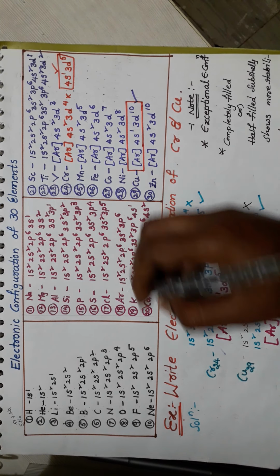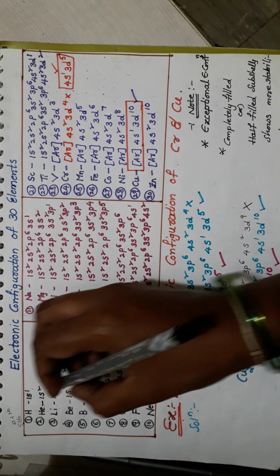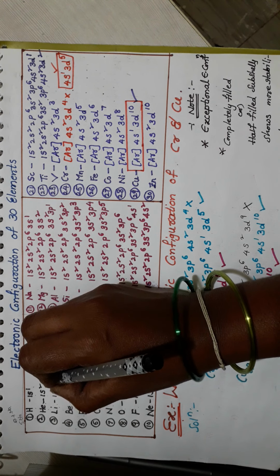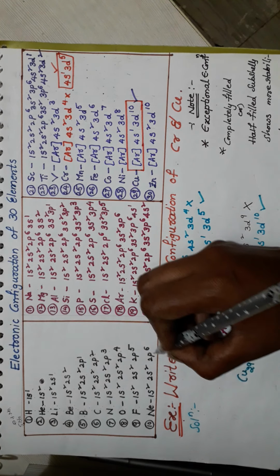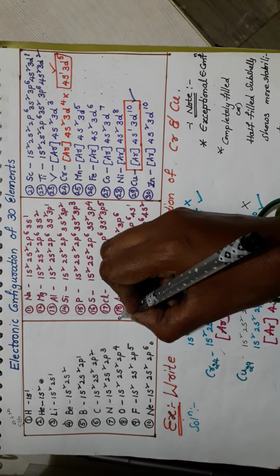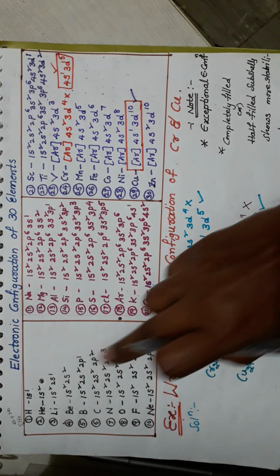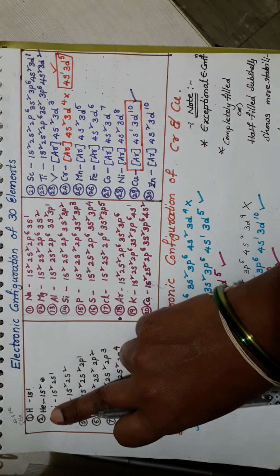Inert elements: here is helium, next neon, next argon, and next krypton is also there. So you remember this: in place of 2 electrons you may write down helium directly.